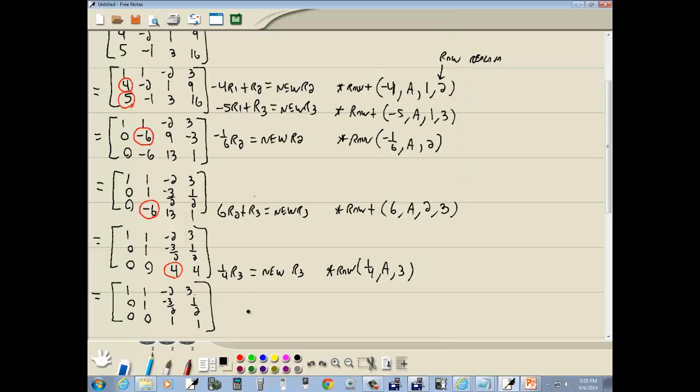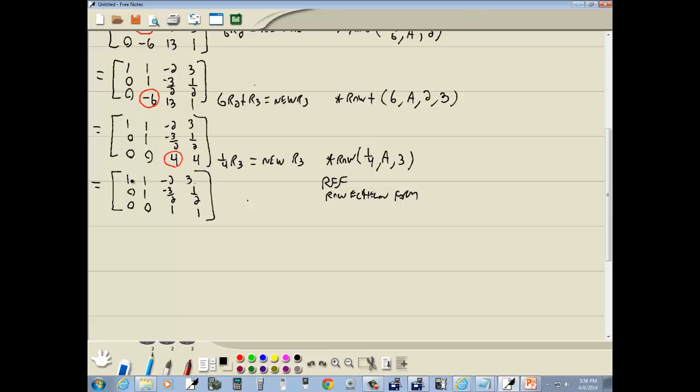Now at this point, this is now in REF form. This is row echelon form. For purposes of what we're doing, row echelon form means get a diagonal 1, zeros below it. Now at this point, we put our X's, Y's, and Z's back in.